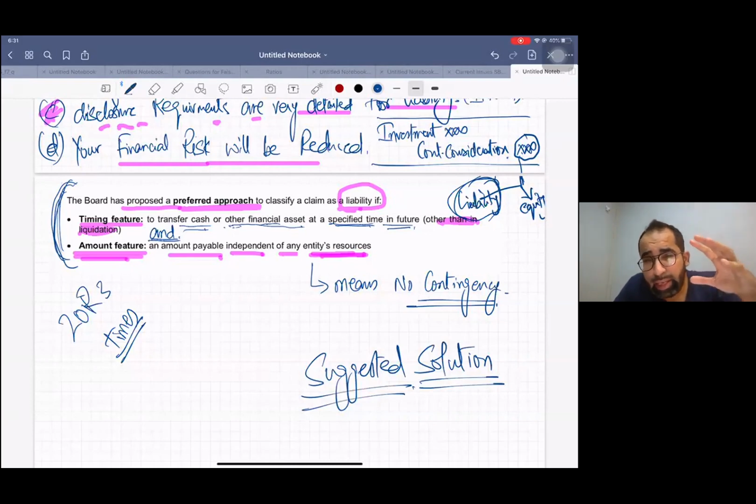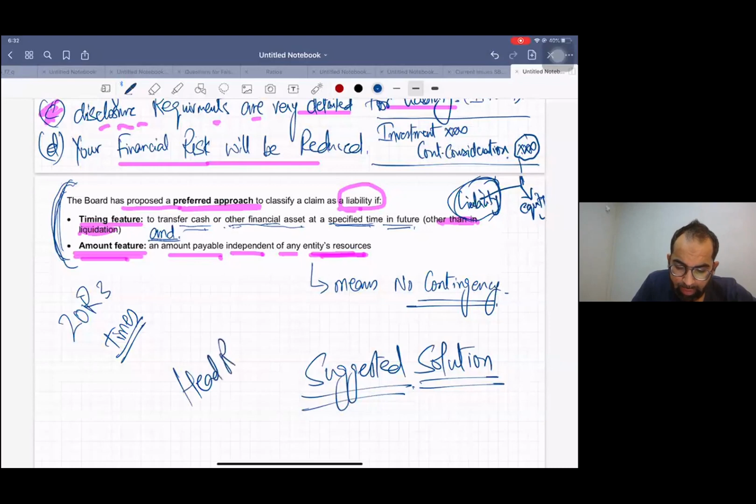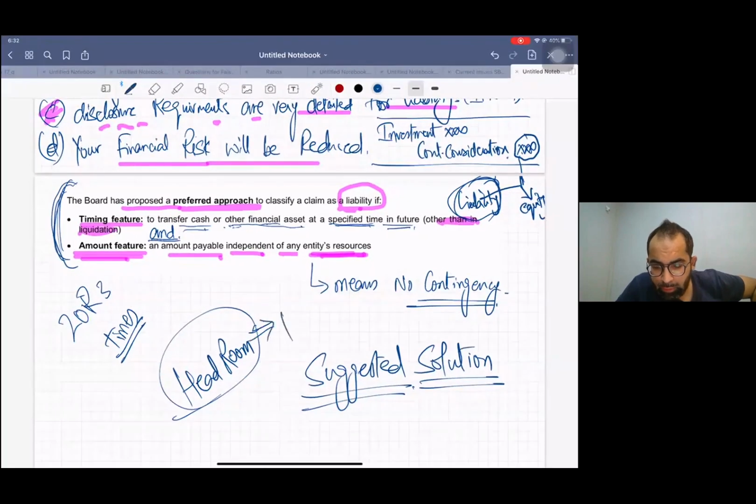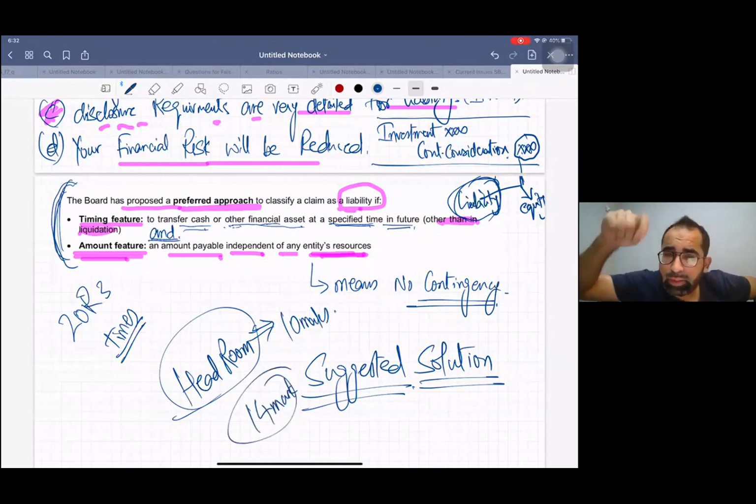As the paper is difficult, technical and connected to practical life, they have given headroom. I discussed that for a 10 marks question, the marker will start marking it as if it is a 14 marks question.